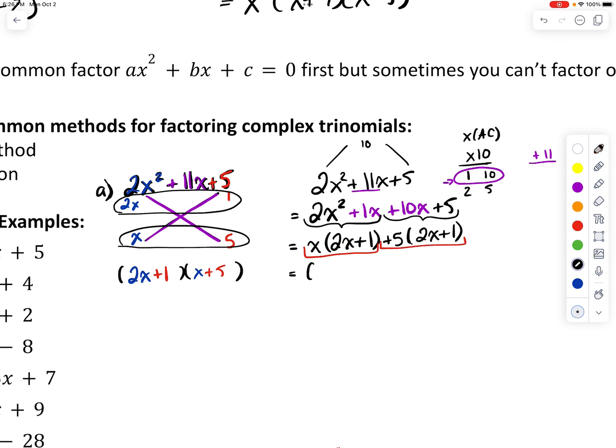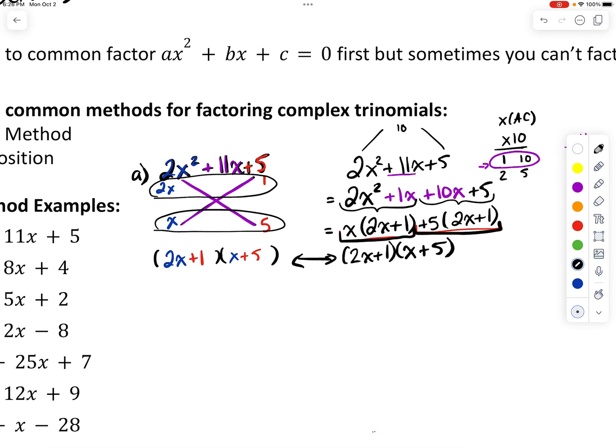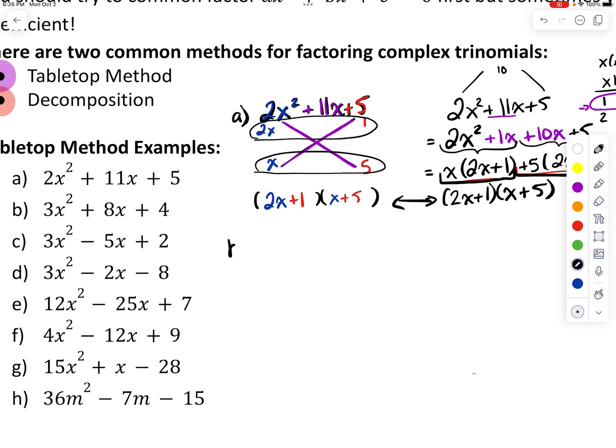Both of those terms have a factor of 2x plus 1. If you common factor out a 2x plus 1 from each term, in that first term you're left with an x. In the second term, you're left with a 5. Notice you get the same answer both ways. So it's up to you to decide which option you like better. Let's do question B.